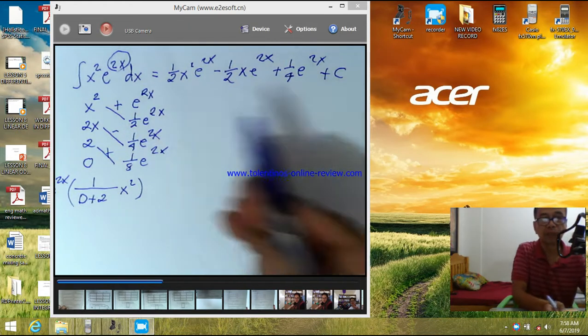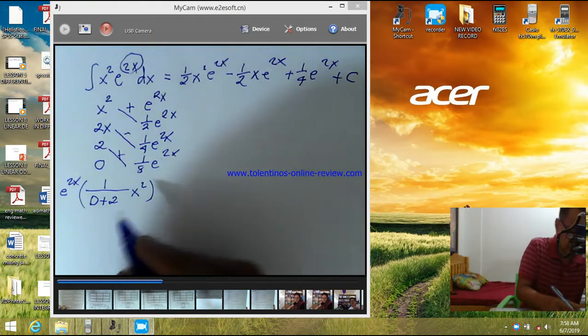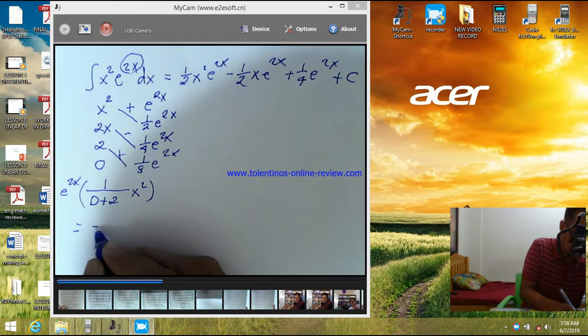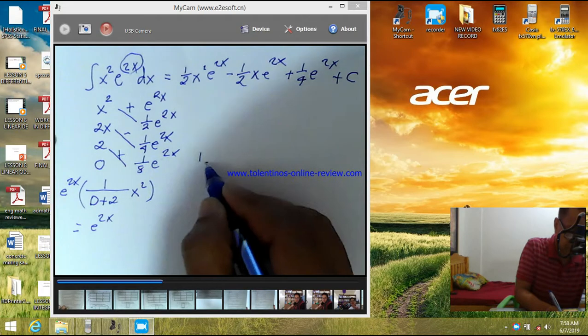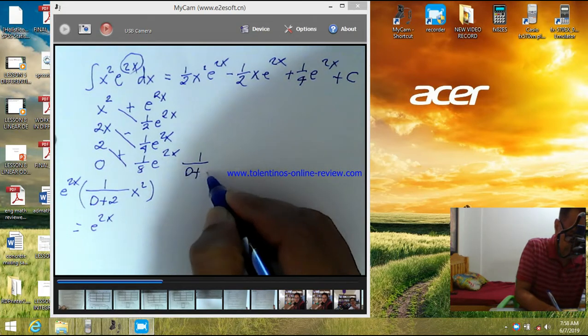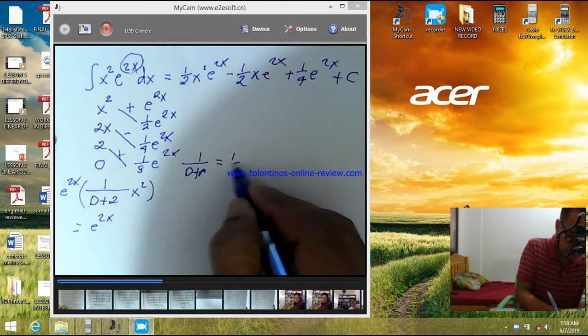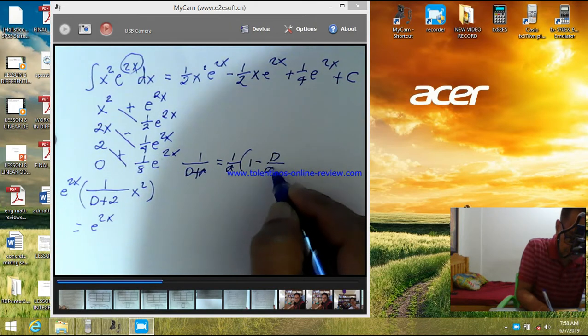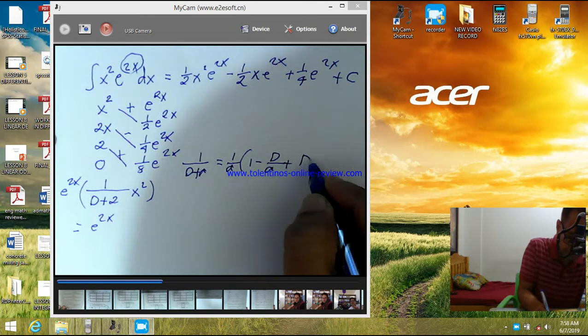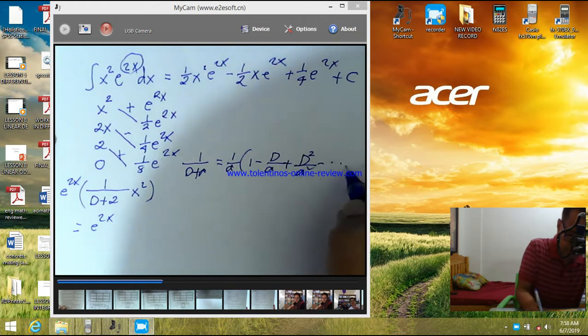That will be the integral of x squared e to the 2x. So this will be e to the 2x. Okay, now notice a formula: 1 over D plus a is equal to 1 over a times 1 minus D over a plus D squared over a squared minus, and so on.